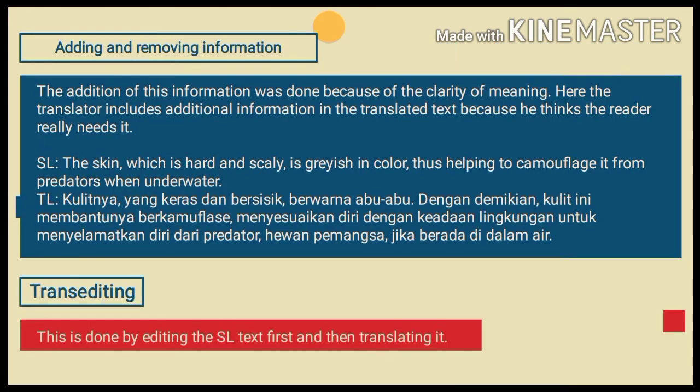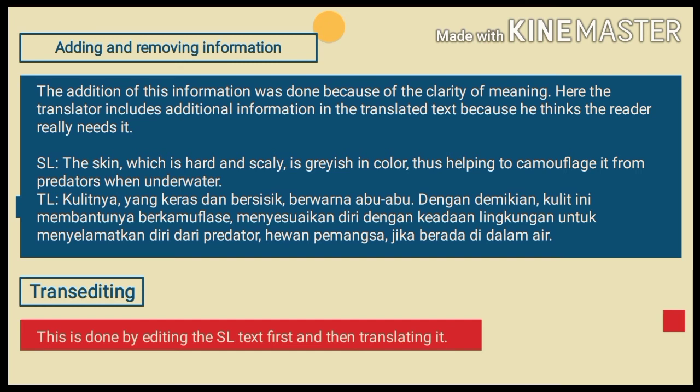And the fourth, adding and removing information. The addition of information is done because of the clarity of meaning. Here, the translator includes additional information in the translated text because he thinks the reader really needs it.